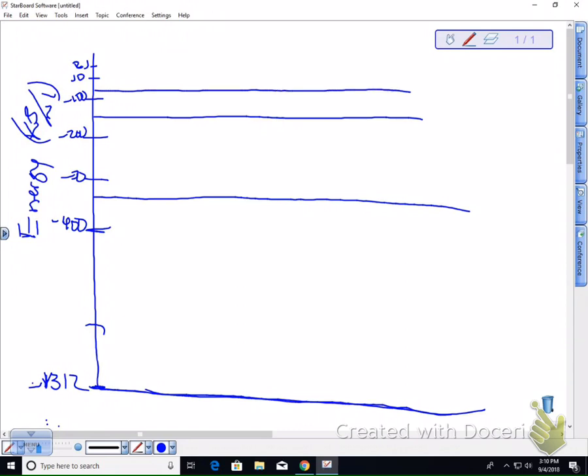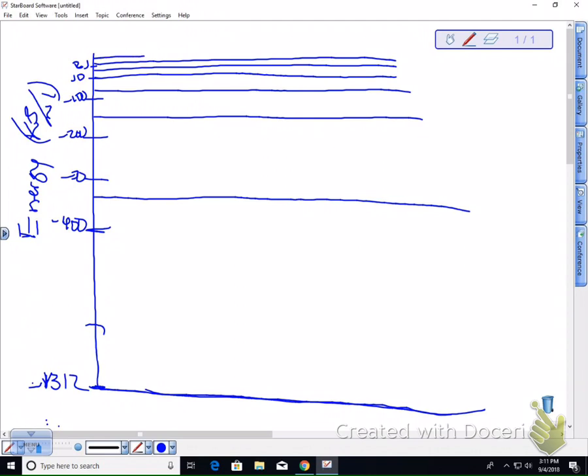And then negative 52, so about right here. And then negative 36, so about right here. And then negative 26, and we're really starting to get jam-packed. And then negative 20, basically right on top of it. And then it just really keeps getting closer together. And I'm not drawing that one nearly close enough to represent how close together they are.